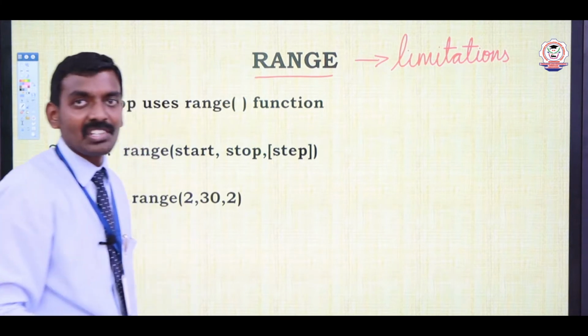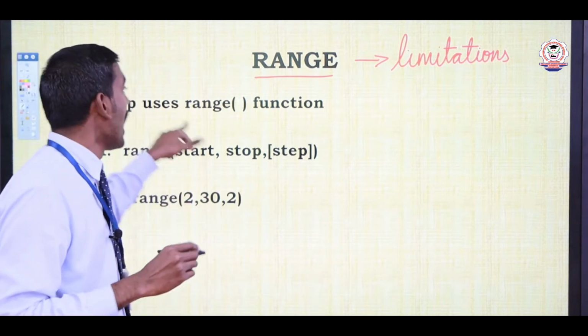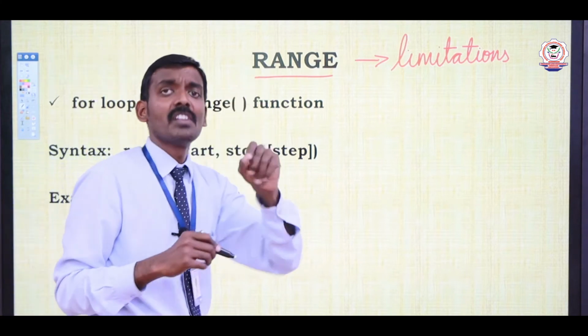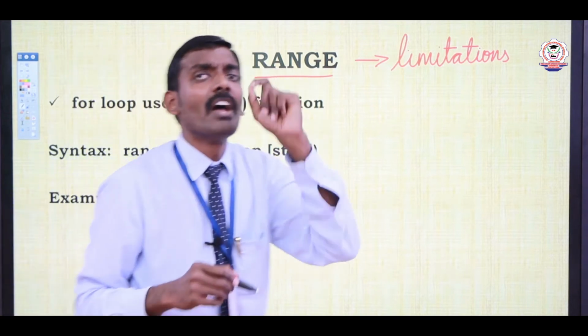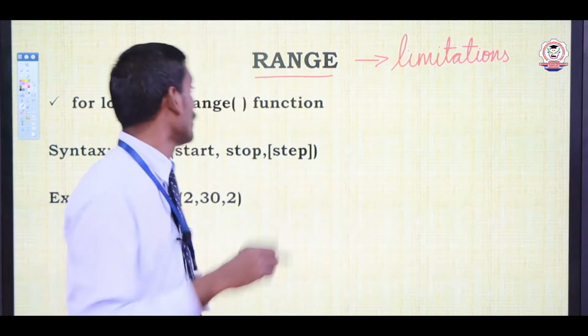Limitations means we have restrictions. Here the for loop uses a range function. When we use a for loop, the for loop statement is executed based upon the range function.